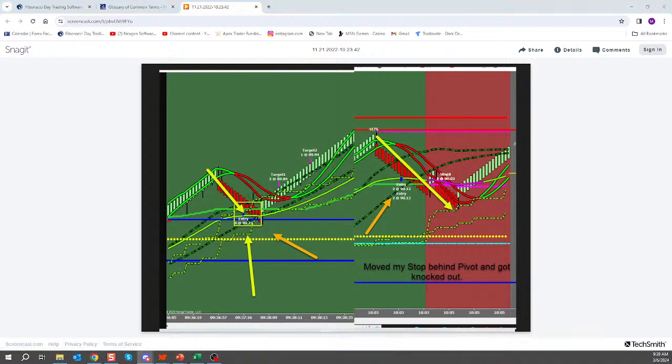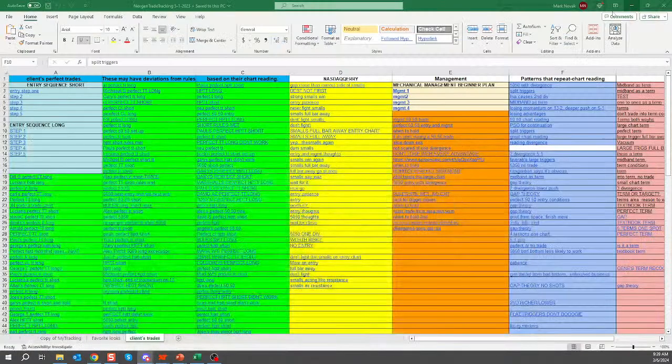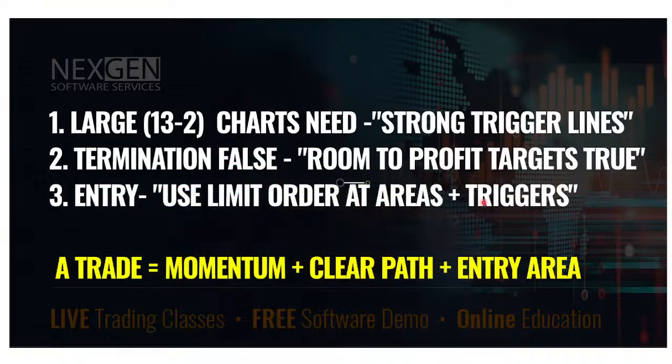And what we call split triggers, that separation between the triggers, makes it a little more difficult to manage. It makes it a little more difficult to control risk. And you have to make the decision as a trader in your own personal plan whether you're willing to wait for the best of the best or whether you're willing to leave a little indecision there. So that's up to you. But I'm going to tell you that the tighter they are on top of each other, the easier life becomes.